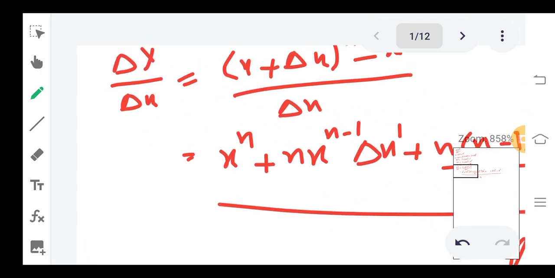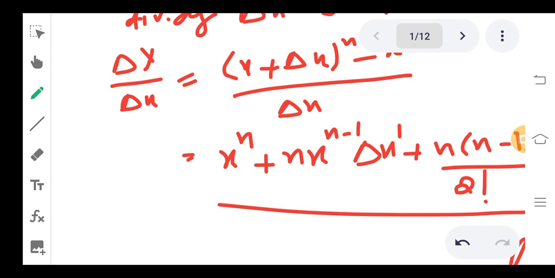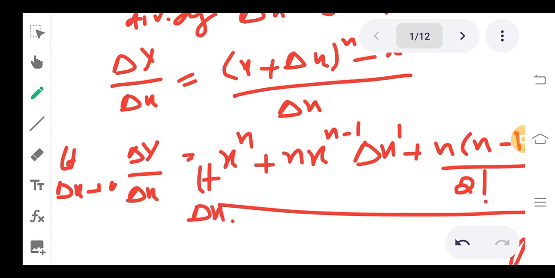Also we are taking here the limit. Limit delta x tends to 0, delta y over delta x will be equal to limit delta x tends to 0.